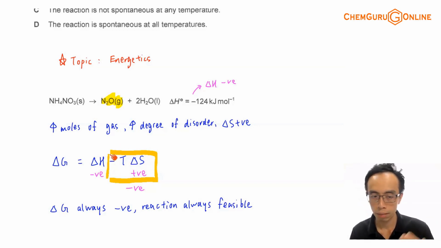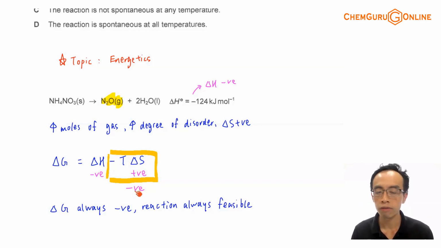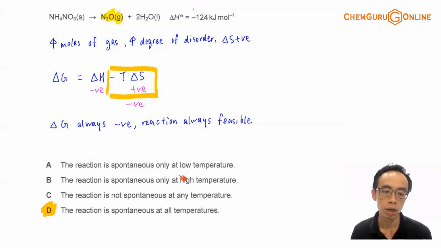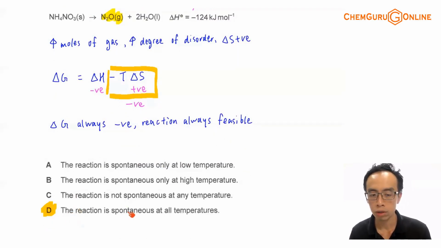So you notice my delta G is made up of two terms: delta H, which is negative, and minus T delta S, which is also negative. When you add up these two negative terms, your delta G will always be negative, which means that the reaction will always be feasible. So the answer to this question is fairly simple. It will be option D, the reaction is spontaneous at any temperature.